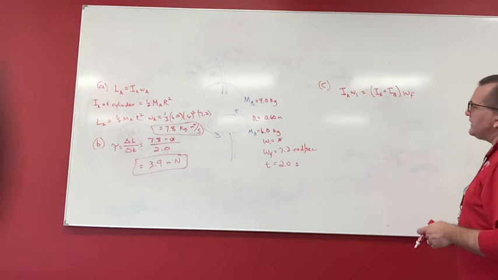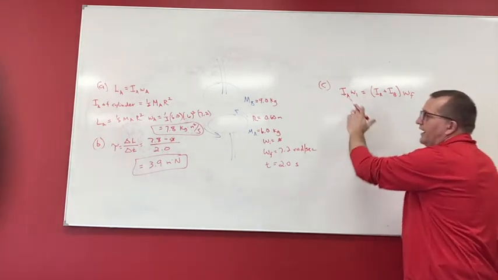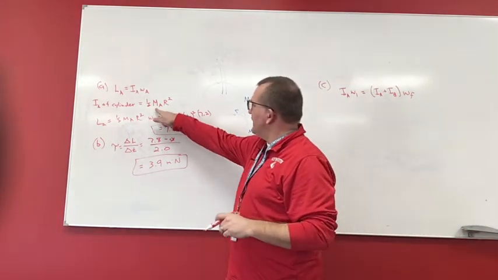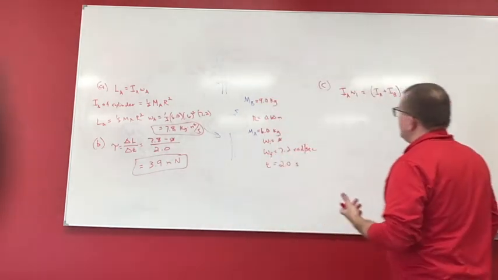So as we look at this, we know I of the cylinder is 1/2 ma r squared, okay?